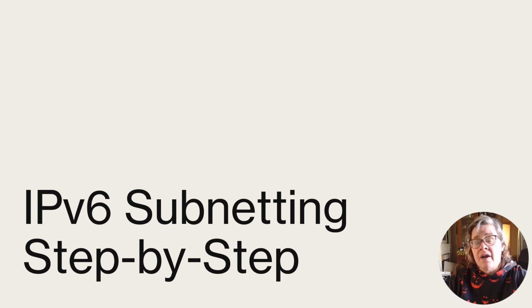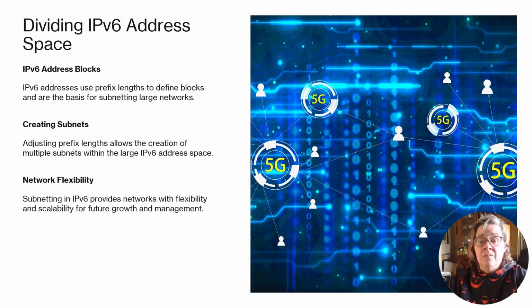Learn how to divide IPv6 address space, calculate subnet boundaries, and work through examples illustrating practical IPv6 subnetting. IPv6 address blocks are divided by adjusting prefix length to create subnets, allowing flexibility and enormous address capacity for networks.